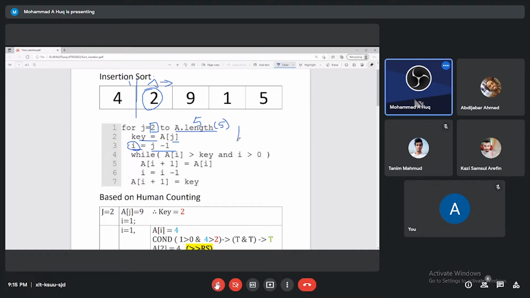If I want to say from the previous example that what we had, if this is 2, what is j's value here? 3, yes.